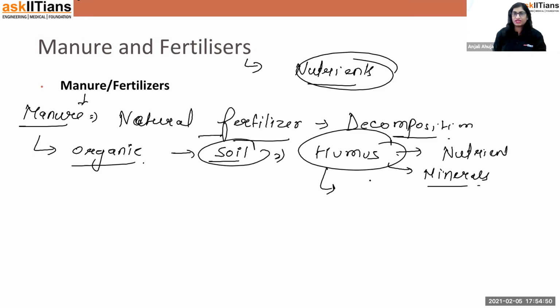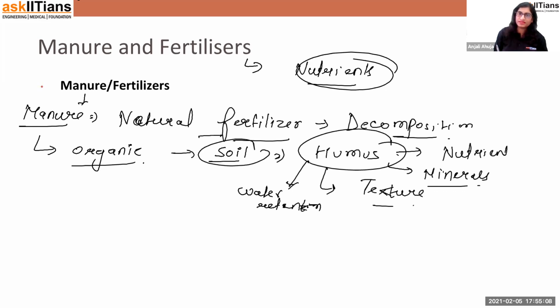It improves the texture of the soil, and because of that, the water retention capability of the soil is also increased. I suppose that's clear. Retention of the soil is increased.